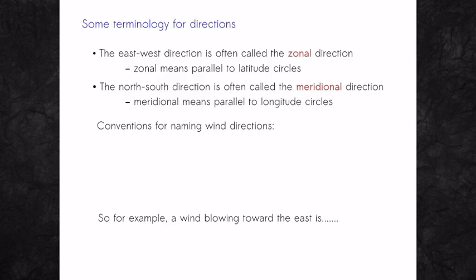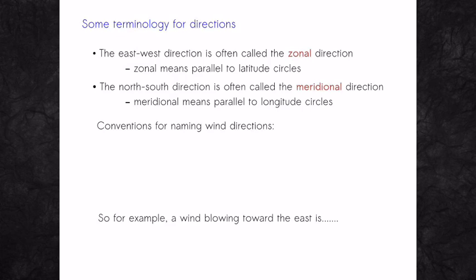If you're looking at a globe, you'll see that there are lines that run north-south from pole to pole. Those are lines of constant longitude. And then there are also lines that circle the globe in the other direction, the east-west direction, and those are lines of constant latitude. Latitude circles and longitude circles.